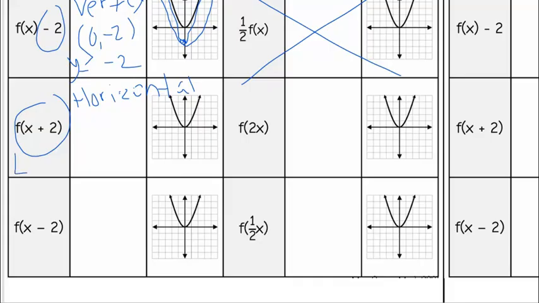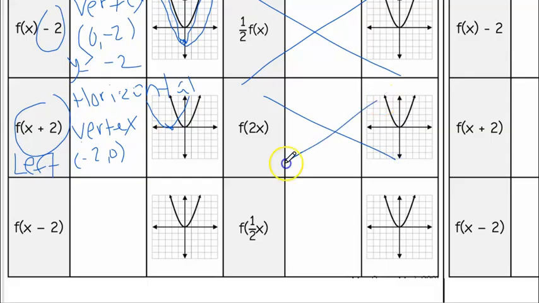And this is going to be tricky because you think it's x plus 2, you have to go to the right, but it's actually the opposite. So what it's going to look like, the vertex is (-2, 0), like that. And find the 2 here, like that. And then you're going to go like that. Let's just cross these out.